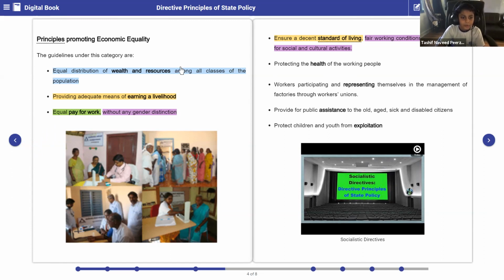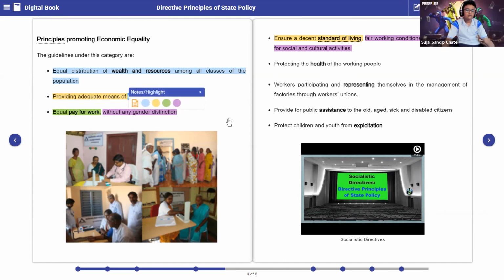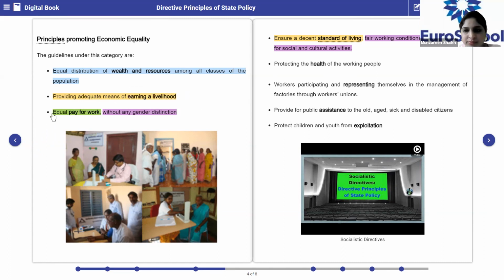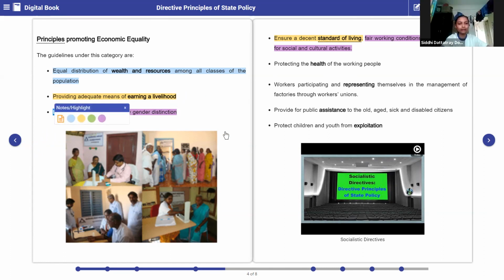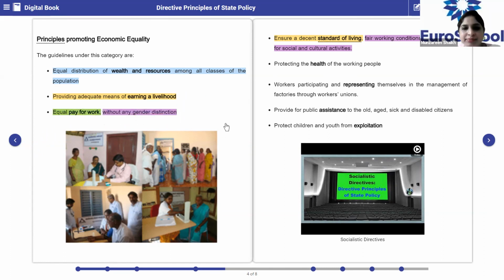Number two, providing adequate means of earning a livelihood. Third, equal pay for equal work without gender distinction. Fourth, ensure a decent standard of living, fair working conditions and opportunities for social and cultural activities.